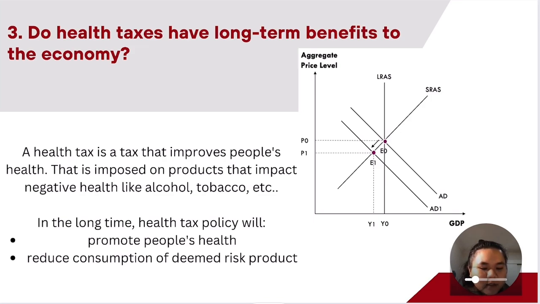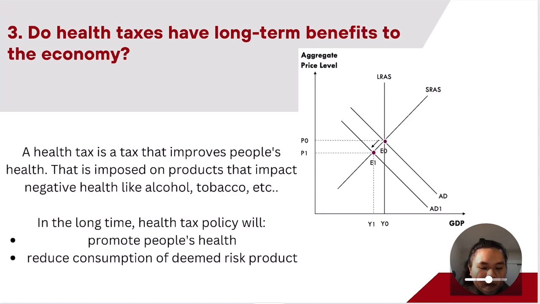We can see from the graph, if the government increased this tax, the AD will move to the left, resulting in a decrease in total output and an increase in the price level. As a result, there will be more unemployment in the nation and less profit to the company because no one wants to buy these anymore.